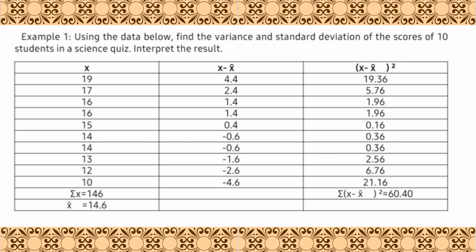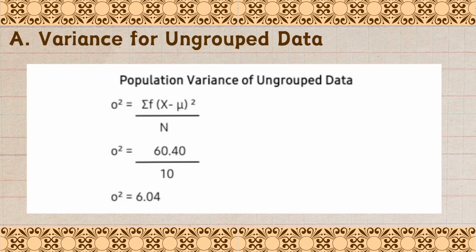Example number 1. Using the data below, find the variance and standard deviation of the scores of 10 students in the science quiz. To solve the population variance of ungrouped data, we use the formula of population variance.